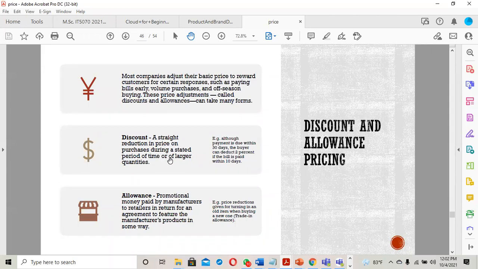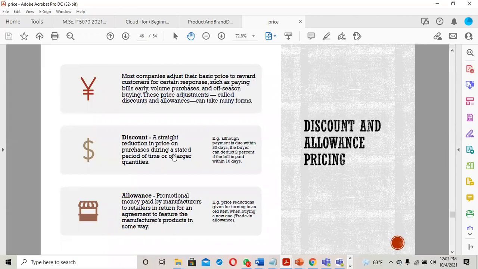So if you buy more than this quantity, then we are going to give you a discount like this. And if you purchase this item before the 30th of October, then we are going to give you this discount. So you get these messages on your phone, like if you are using your Sampath Bank credit card up to 30th of October for vegetables, you are going to get a 25% discount, things like that.